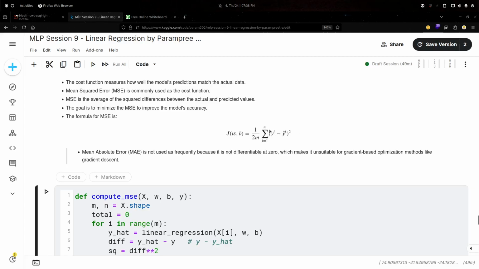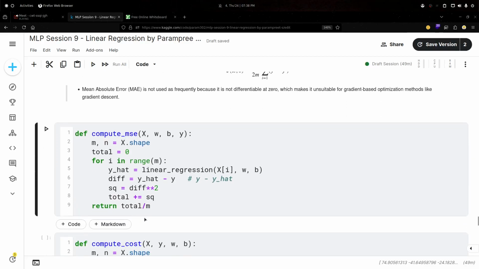To cancel out that 2 in the derivative, we have the 2 here. So it doesn't interrupt the equation and doesn't much affect the mean squared error. If I run it, this will be my mean squared error function.